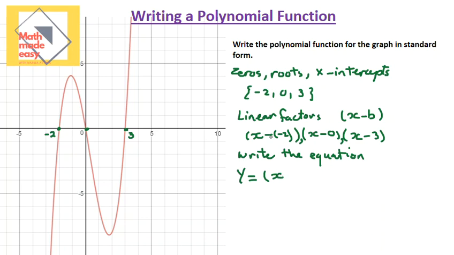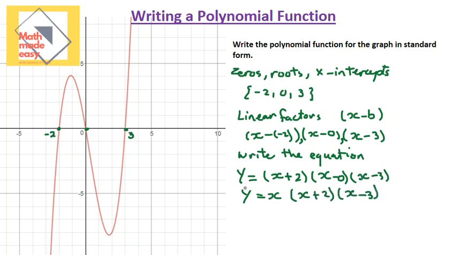We have x plus 2, x minus 0, and x minus 3. To simplify this, we're going to take this x minus 0, which is equal to x, and put it first, and that's multiplied by x plus 2, multiplied by x minus 3. This equation does represent this graph, but it's not in standard form.